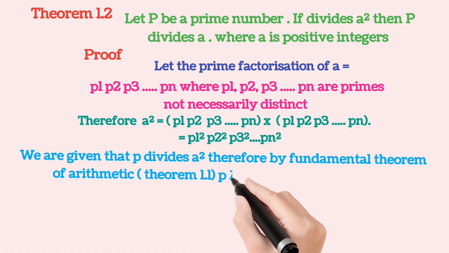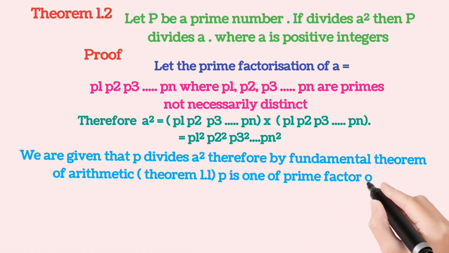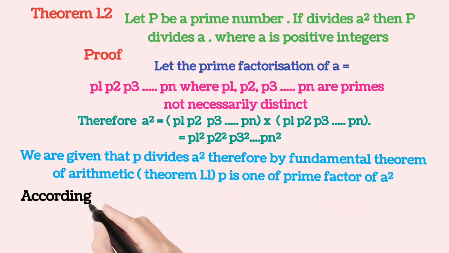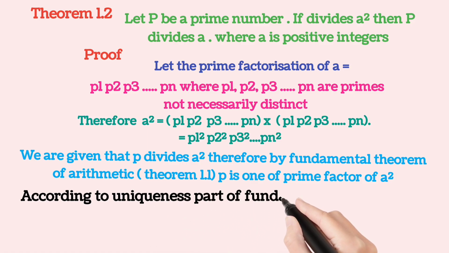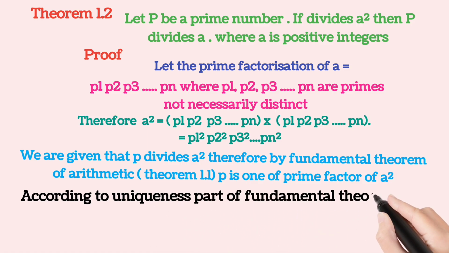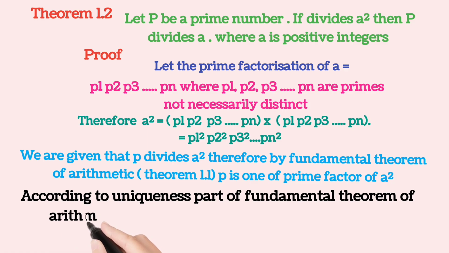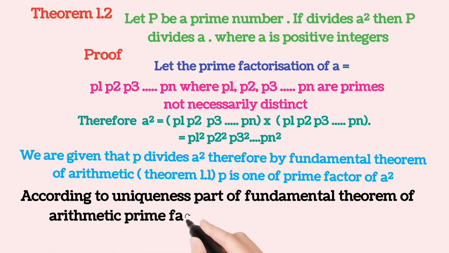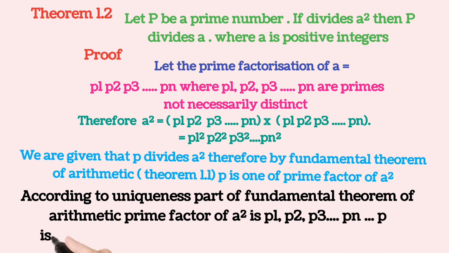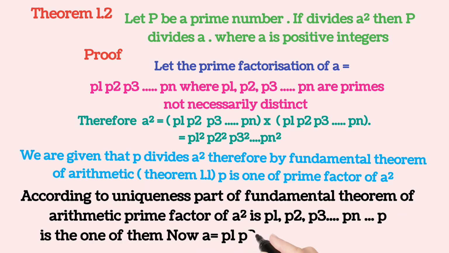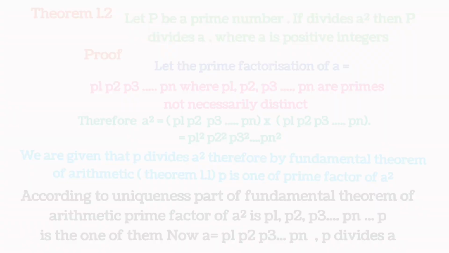Therefore, by the fundamental theorem of arithmetic, theorem 1.1, p is one of the prime factors of a square, according to the uniqueness part of the fundamental theorem of arithmetic. The prime factors of a square are p1, p2, p3, pn, and p is one of them. Now a is equal to p1, p2, p3, pn, so p divides a.